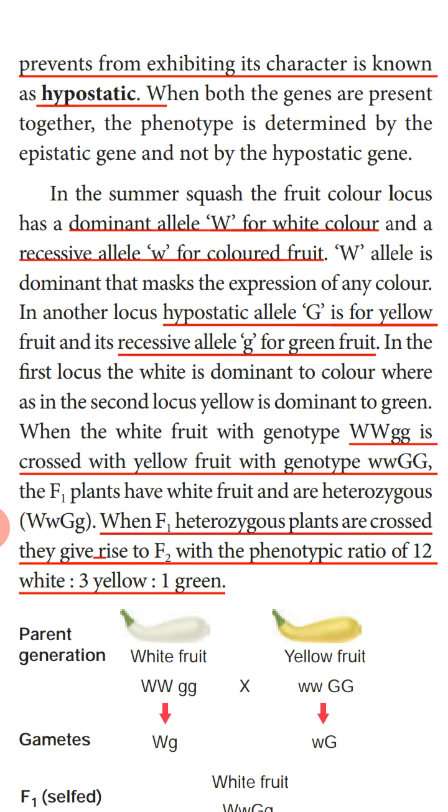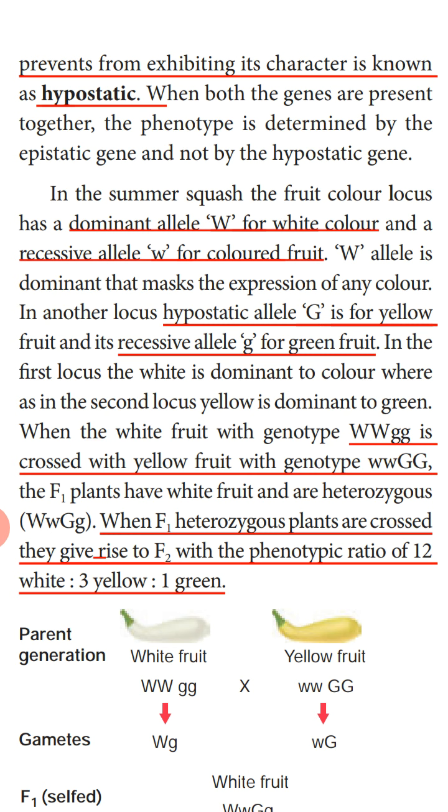When the white fruit with genotype, okay, so white plant, that means it will have the capital W allele. So capital W, small g is the genotype for white fruit, which is crossed with the yellow fruit.